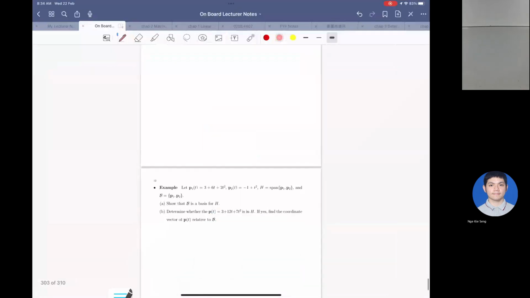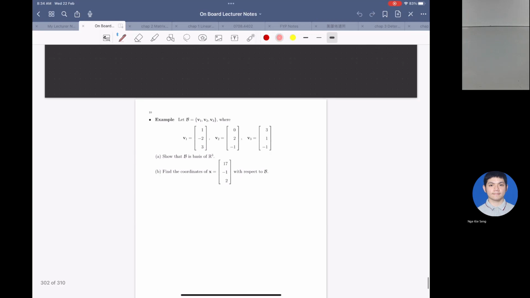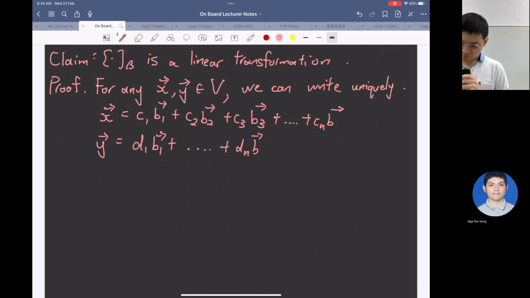Right, let's return. Okay, so we start here. We have these two. We can uniquely express them.